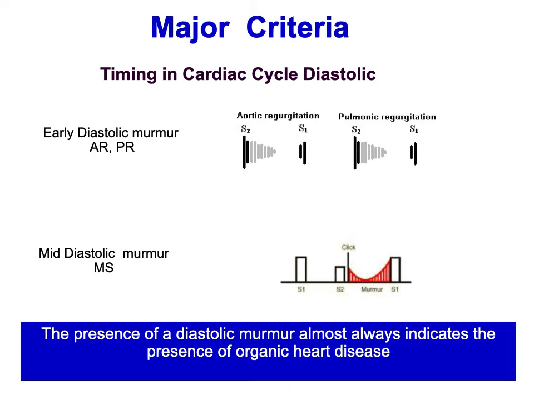There is also the early diastolic murmur of aortic and pulmonary regurgitation, where during the initial period of diastole there is an increased pressure gradient, and there is leaking of blood from the great arteries into the left and right ventricle, leading to regurgitation, and this murmur is found.